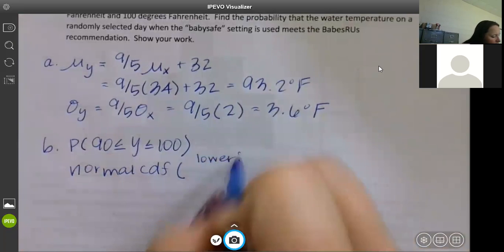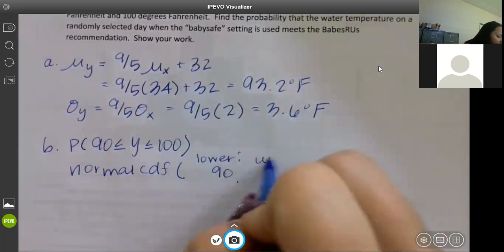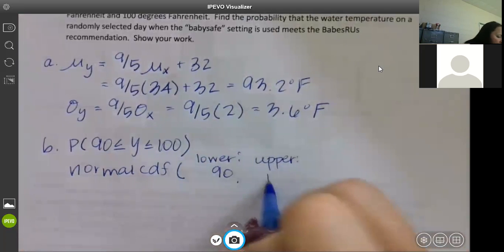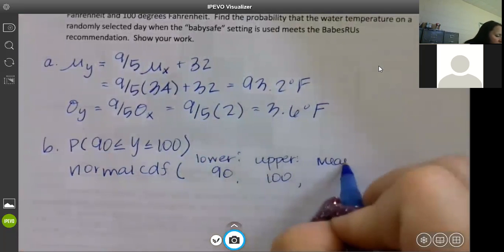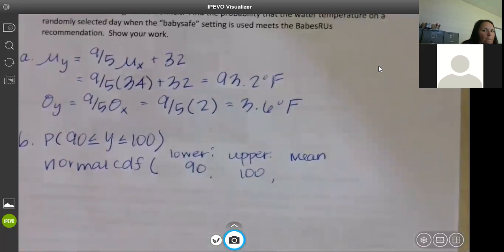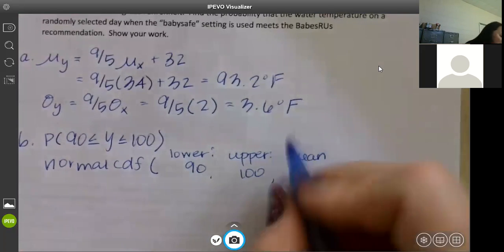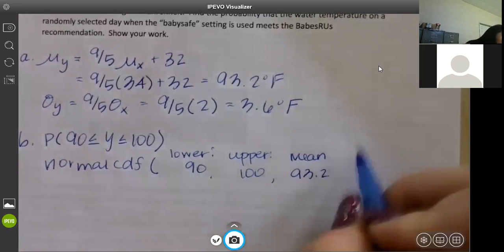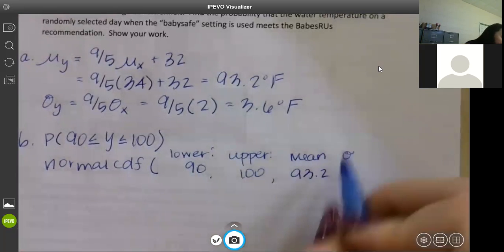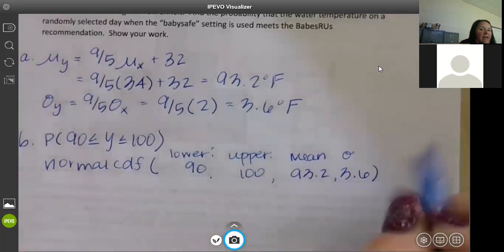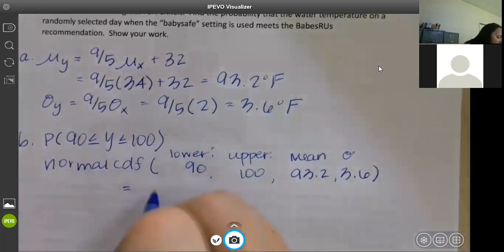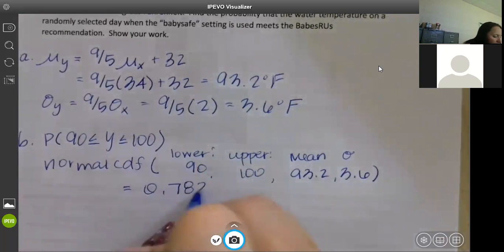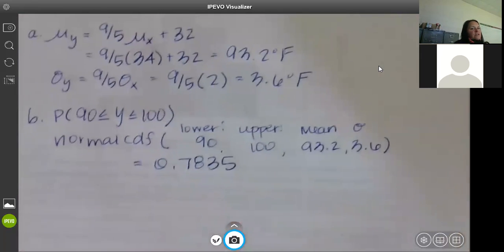Lower, which is 90, then comes upper, then comes mean, which is 93.2, not the Celsius mean, and then the standard deviation of 3.6. Everything has to be Fahrenheit because that's what we're using now. When you put that in your calculator, you will get 0.7835. And I need you to tell me what that is.